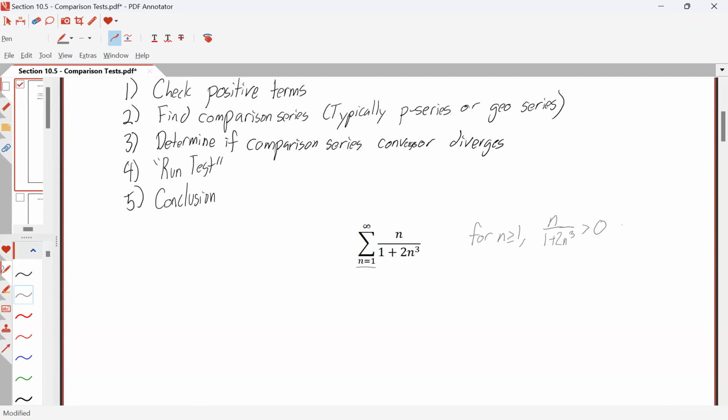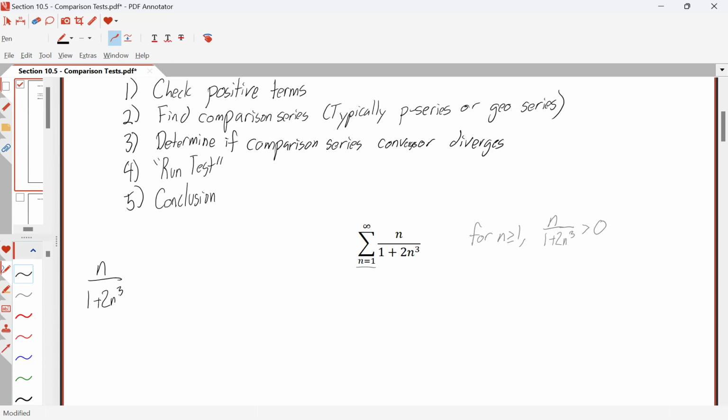So positive over positive is going to be positive. So that is true. Now we want to find something to compare to. So we're looking at 1 plus 2n cubed, and we want to compare it to a geometric series or a p-series.